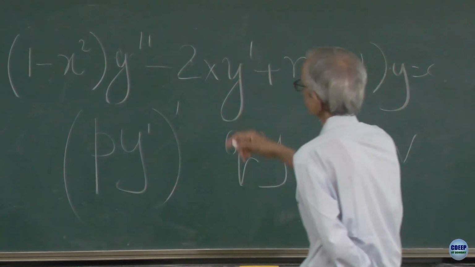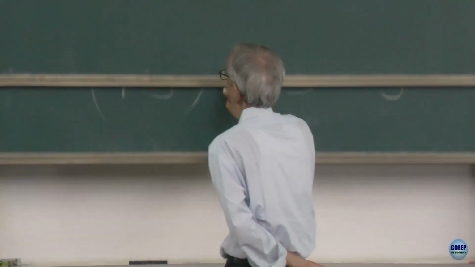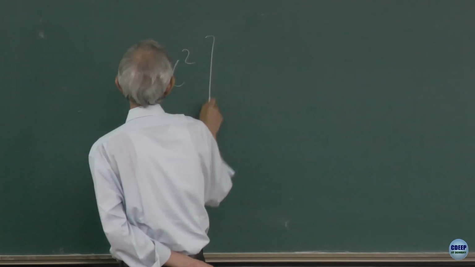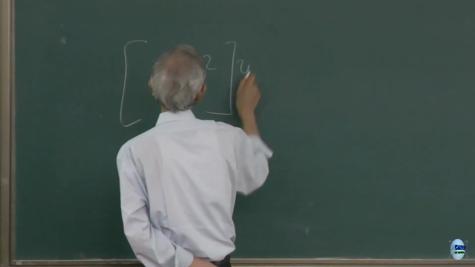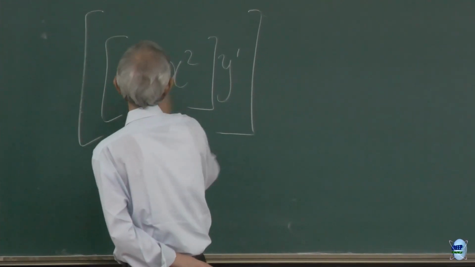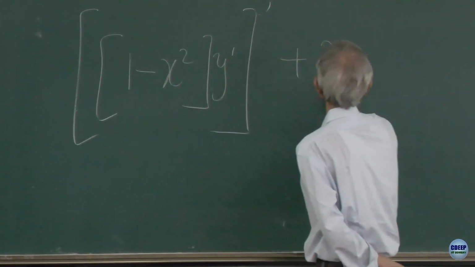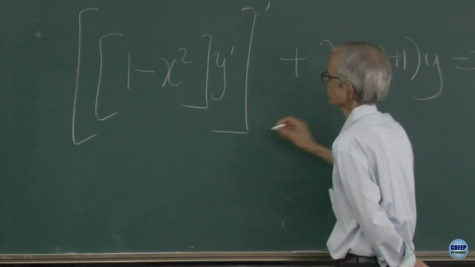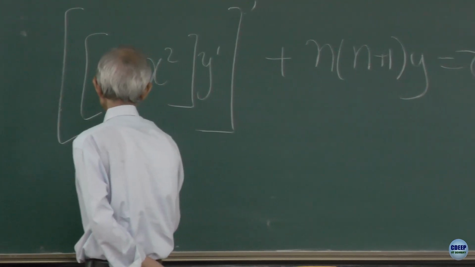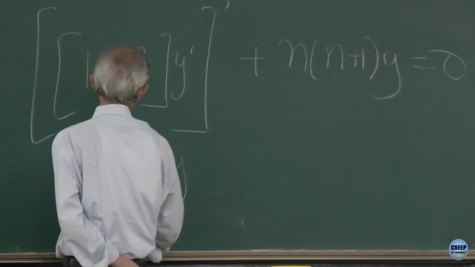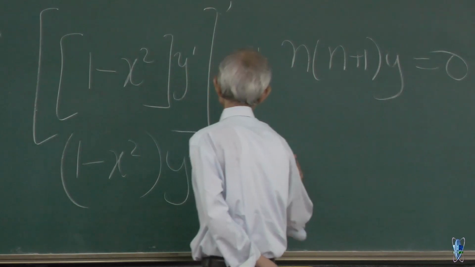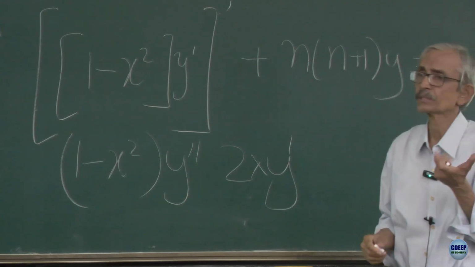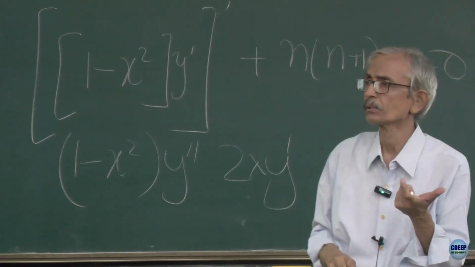So if I look at this first expression here, I can just write this as 1 minus x square y prime, the whole prime, and then this is n into n plus 1 y equal to 0. So this is 1 minus x square y double prime, this is 2x y prime, and that's the third term there. So my eigenvalues are these n into n plus 1.